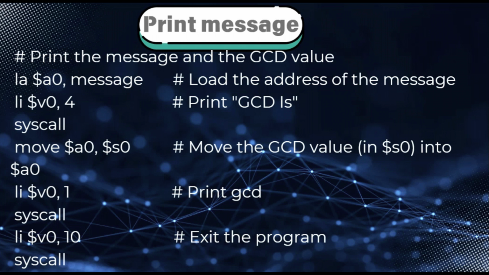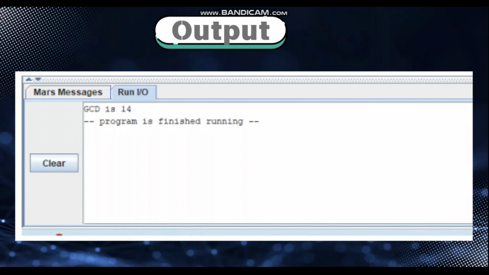And finally, syscall number 10 is used to exit the program. So, based on the question, the GCD that has been calculated is 14 and the program has finished running.